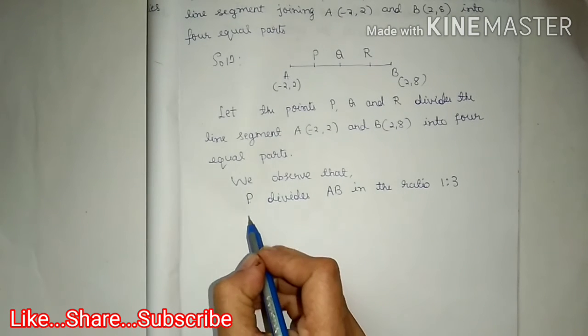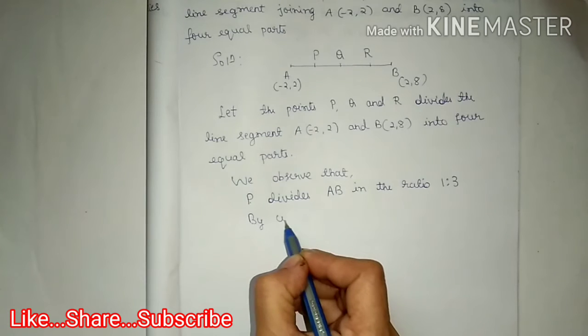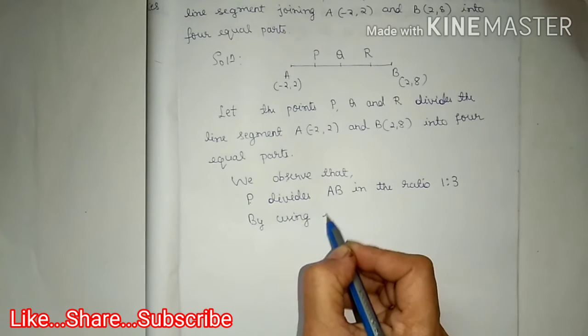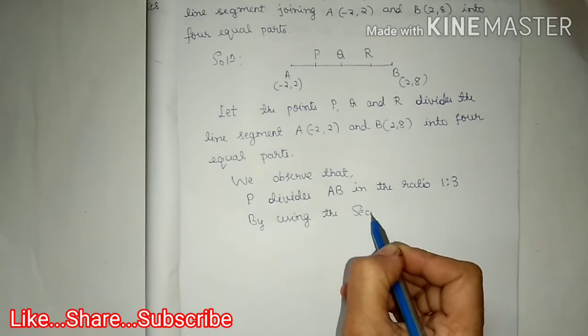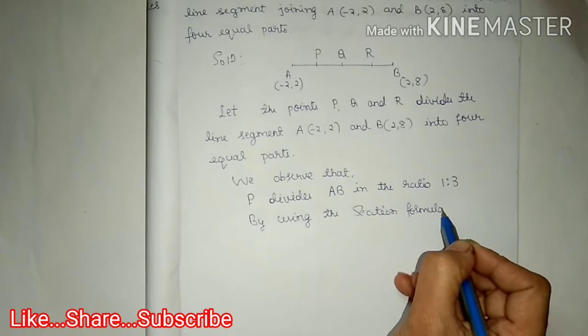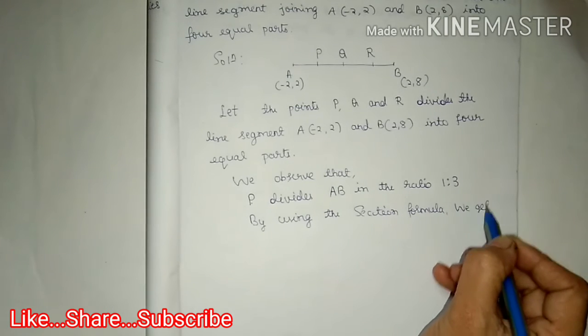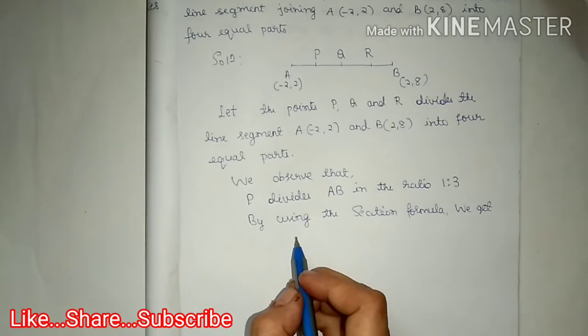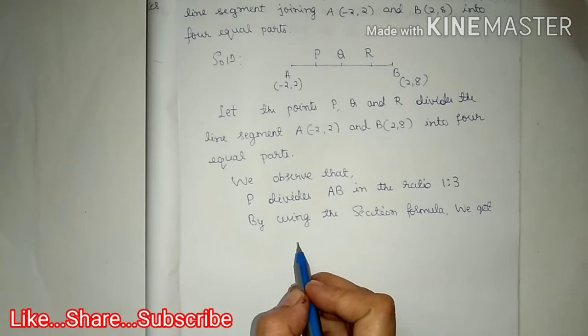By using the section formula, we get (mx2 + nx1)/(m + n).